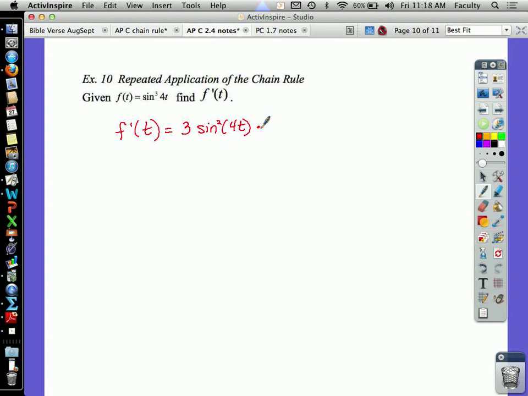The inside is sine 4t. Do you guys understand that? That the inside is the sine of 4t. Well, how do you find the derivative of sine 4t? Well, that's the cosine of 4t, but then I have to take the derivative of the inside. So do you see that I've had to do the chain rule twice? So this is 12 sine squared 4t times cosine 4t.